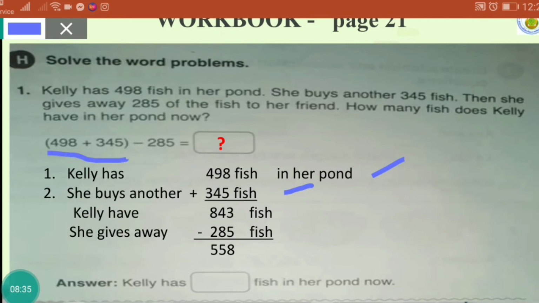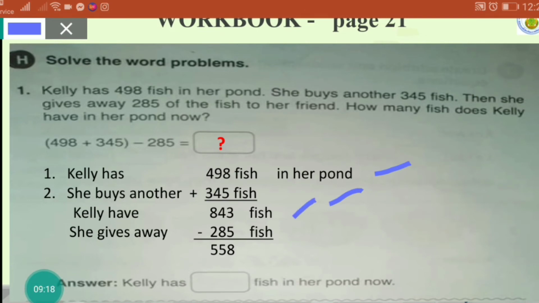So let's answer first. 498 fish plus 345 fish is equal to 843 fish.